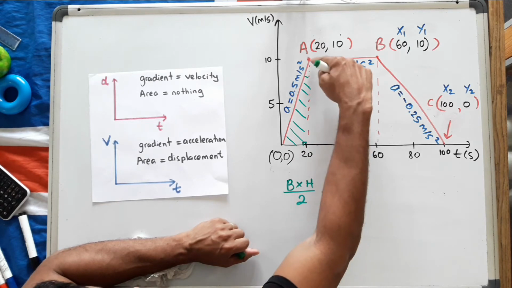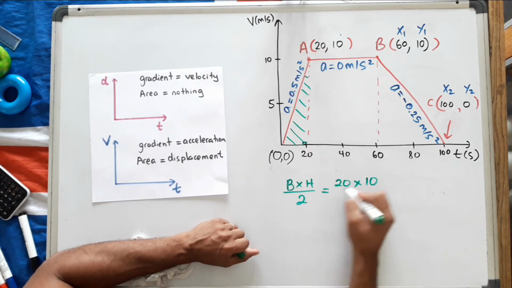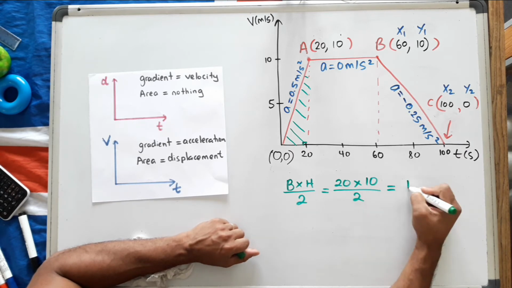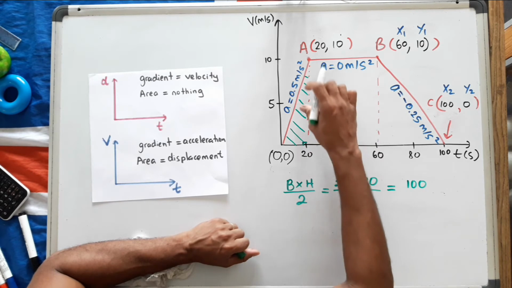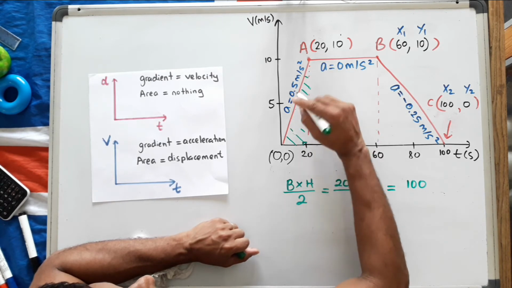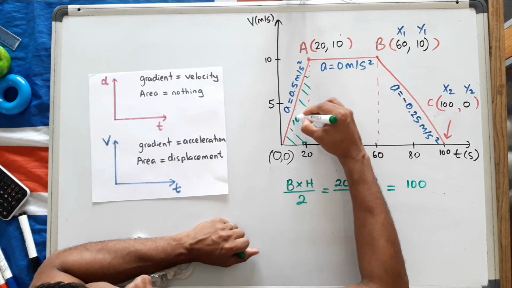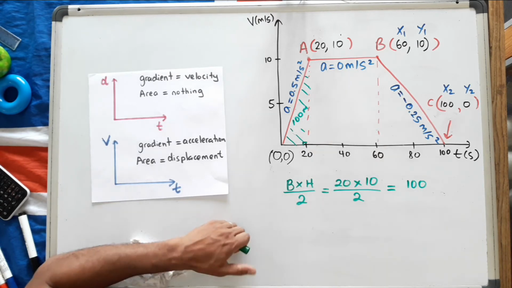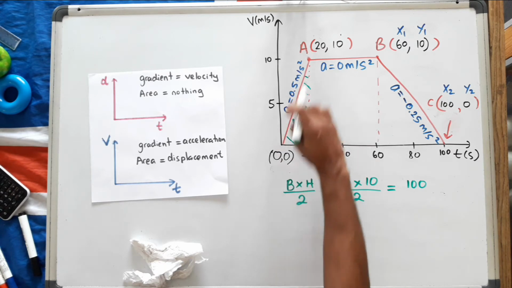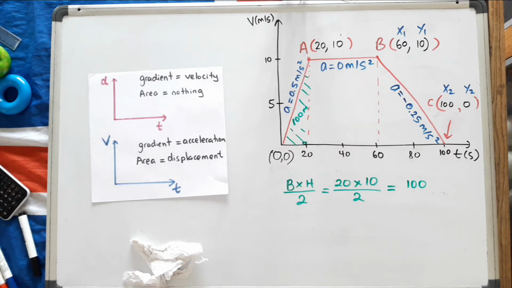From here to here is 10, you see it on the y-axis. And we have to divide it by 2. So 20 by 10 is 200, divided by 2 is 100. Between here and here will be 100. Sorry for the small writing. So the distance traveled between O and A is 100 meters.